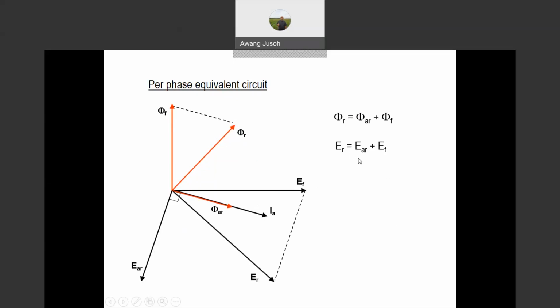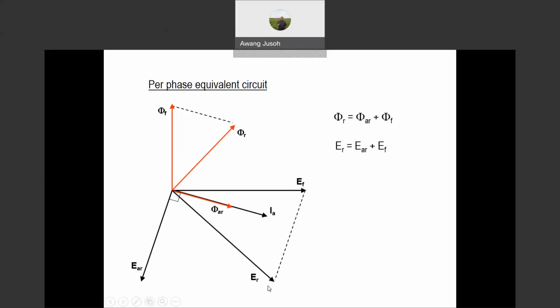Okay, so for the EF formula just now, EF plus EAR, this EF plus EAR here as vectors gives you the resultant voltage. You just add the vectors here. So EF plus EAR gives the resultant voltage in the machine.